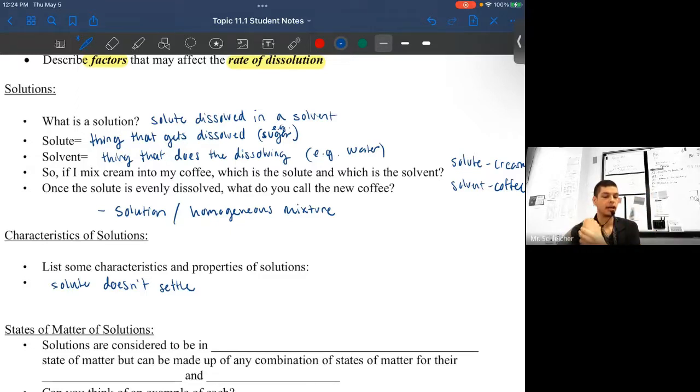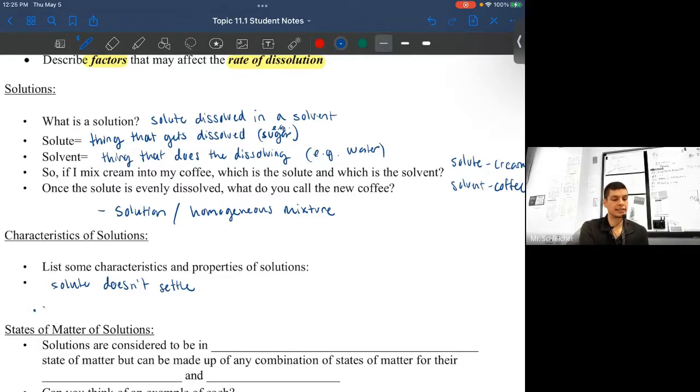Does sugar fall out of water over time? No, it's not going to settle to the bottom of the glass. If you go to the grocery store and look at a clear bottle of Coca-Cola, you don't see all the Coca-Cola fall to the bottom. But you might go to the orange juice aisle and see the orange juice settle to the bottom. So the orange juice would not be a solution, but the Coca-Cola would be.